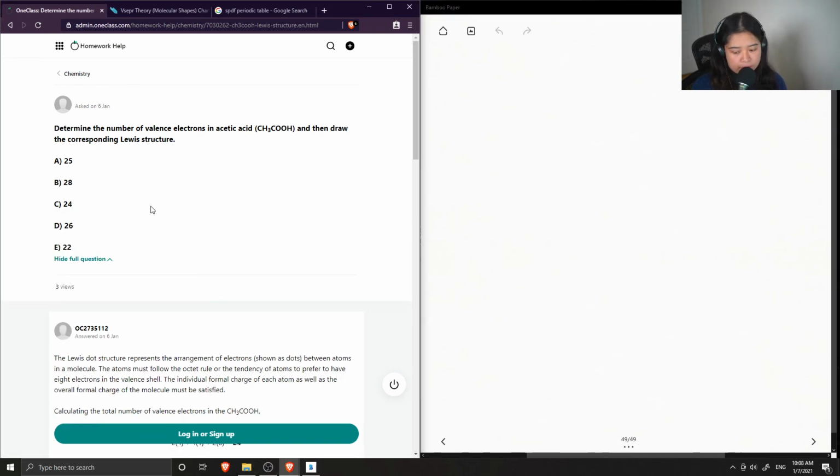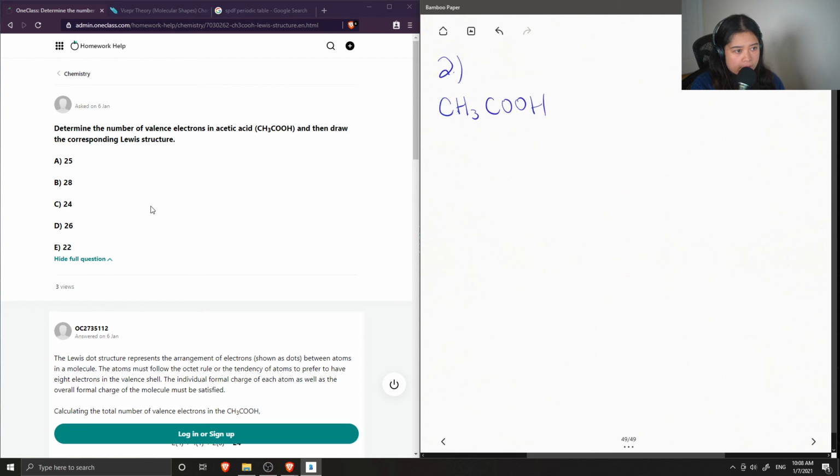Okay, on to question number 2. Determine the number of valence electrons in acetic acid, CH3COOH, and then draw the corresponding Lewis structure. So first, let's find the valence electrons. There are 2 carbons, and each carbon atom contains 4 valence electrons.